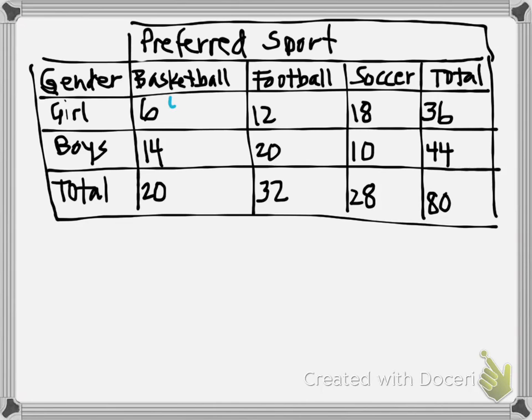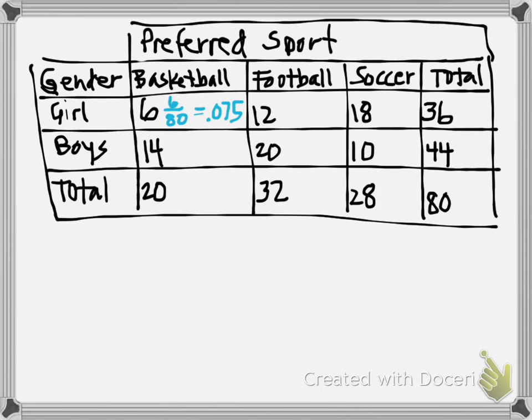So girls liked basketball 6 out of the 80. Now, 6 out of 80 can reduce, they have a 2 in common, so you get 3 out of 40. But if you did division, I'm going to tell you that answer would be not a very big one, 0.075.